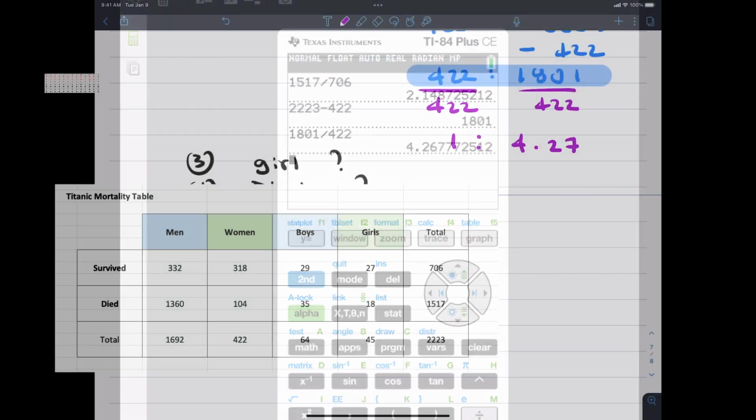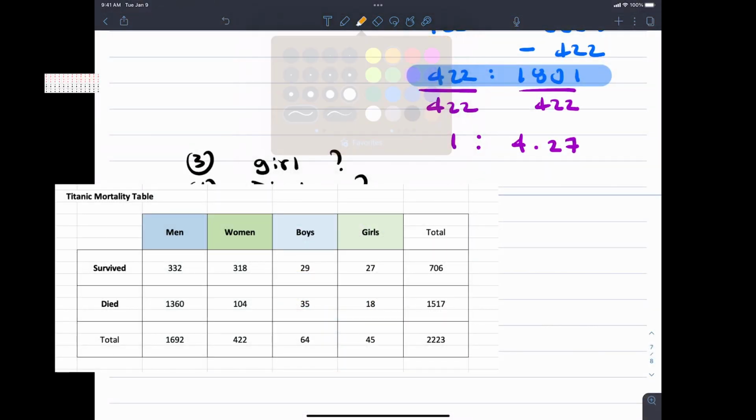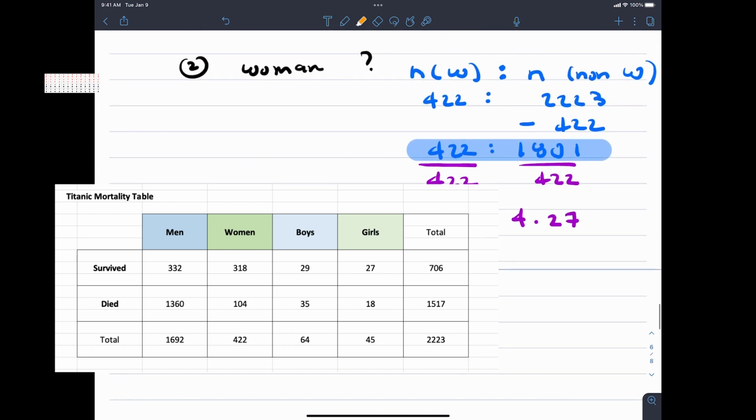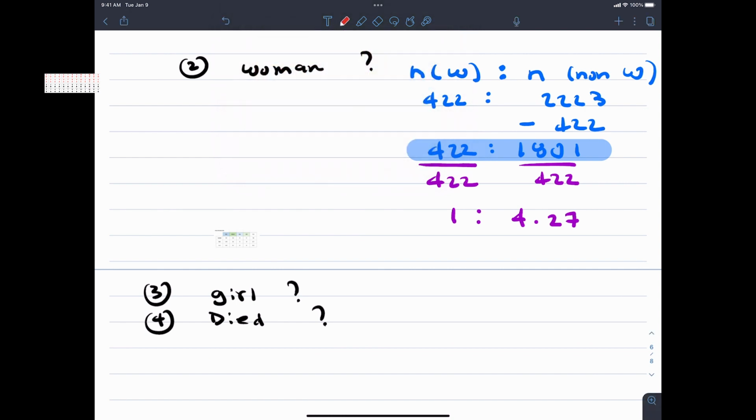So it's good that we know how to unitize. However, let's remember what the definition really tells us. There's one, what? Women to 4.27 what?